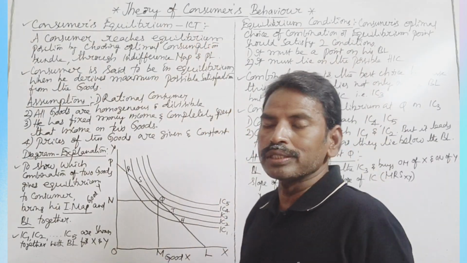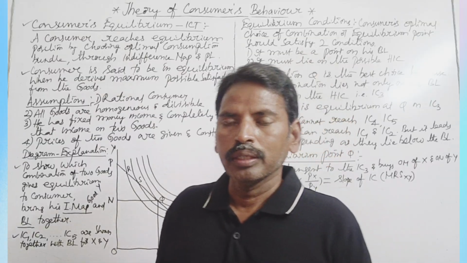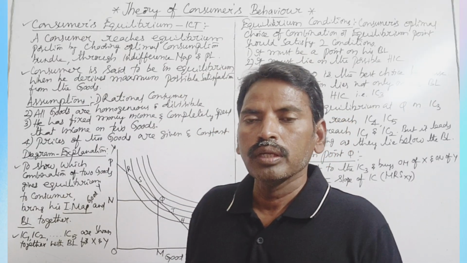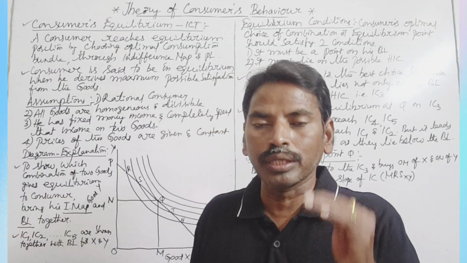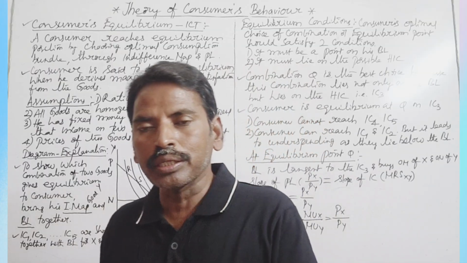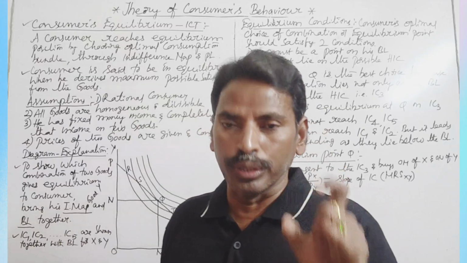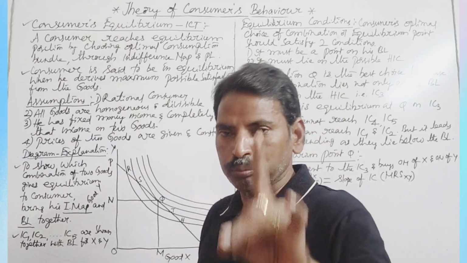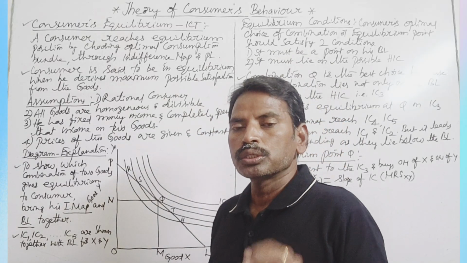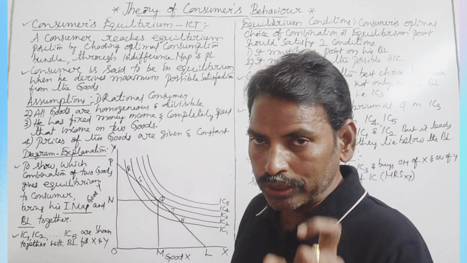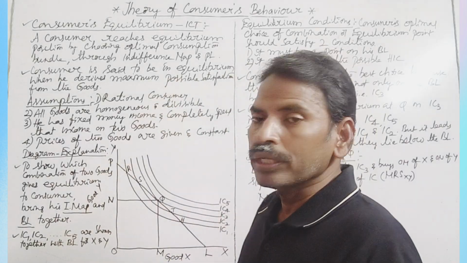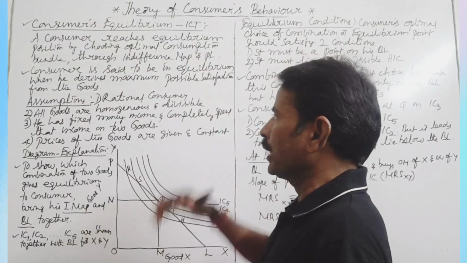Second one is price line or budget line. Budget line shows all those combinations of two commodities which the consumer can buy with his money income and prices of two commodities. That is known as budget line. So, to examine the consumer's equilibrium through indifference curve, we need indifference map and budget line.